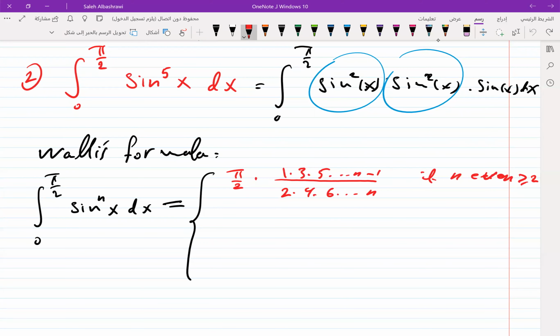It is pi over 2 multiplied by 1 multiplied by 3, 5, 7 up to n minus 1 in the numerator, divided by the even numbers 2, 4, 6 up to n. If n is odd, we will have 2, 4, 6 up to n divided by 1 by 3 by 5 up to n minus 1.